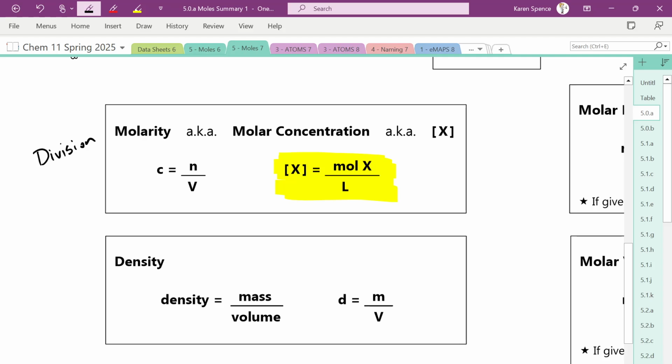So molarity is a division. Density is the mass over the volume, so that's going to be a division, not a conversion. You might have to convert before you do the division, but the actual finding density is going to be a division. Mass divided by volume.